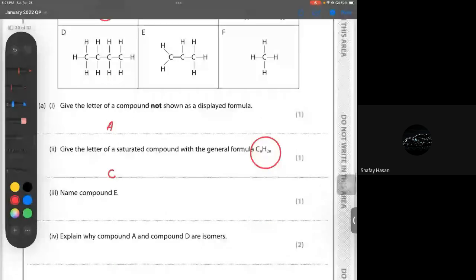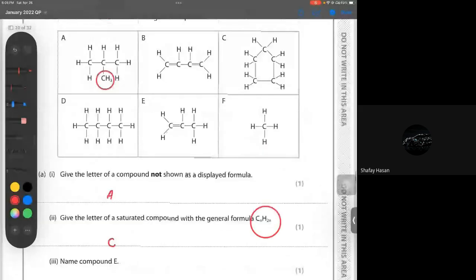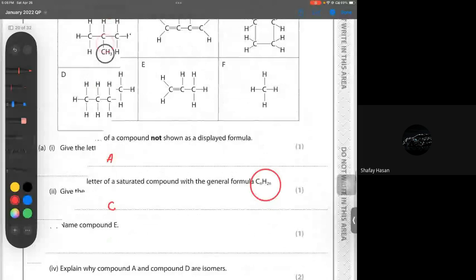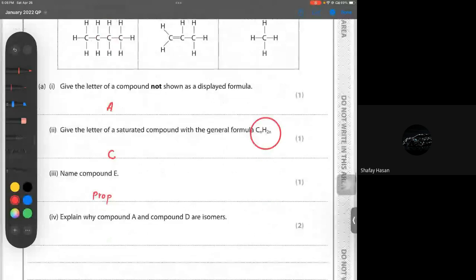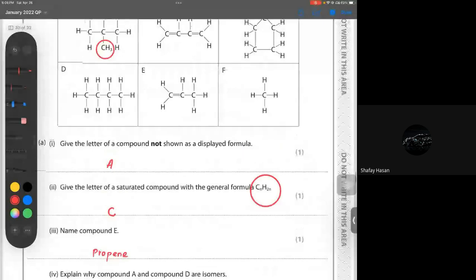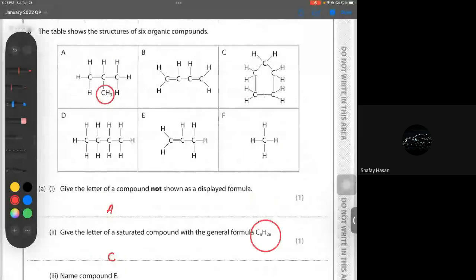Name compound E. How many carbons? We have three, so it's propene. Why are compound A and compound D isomers? You can see that it has one branch in the long chain, but they have the same number of atoms.